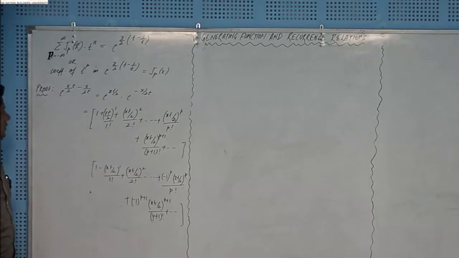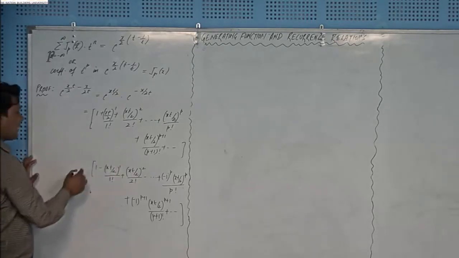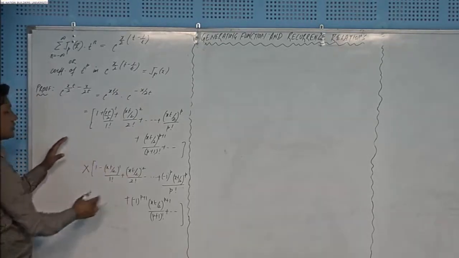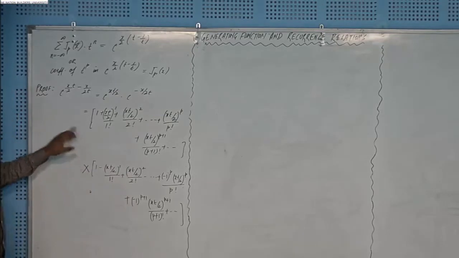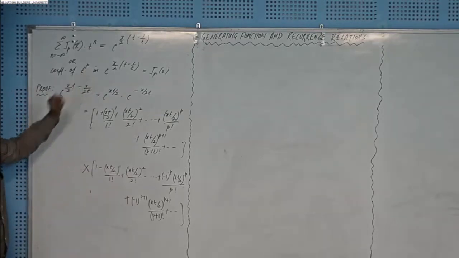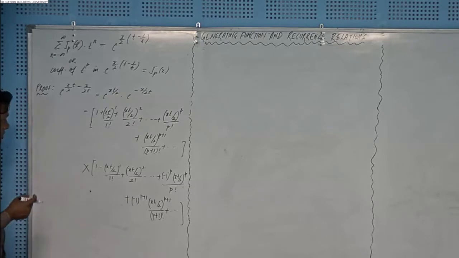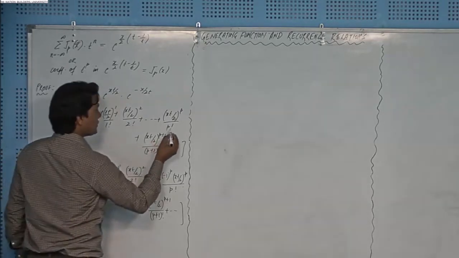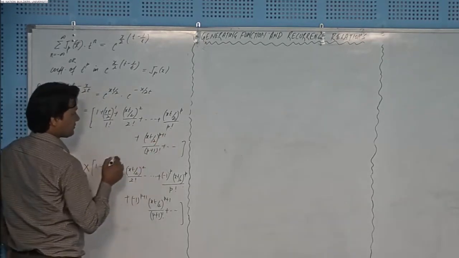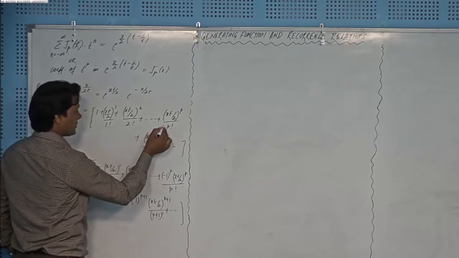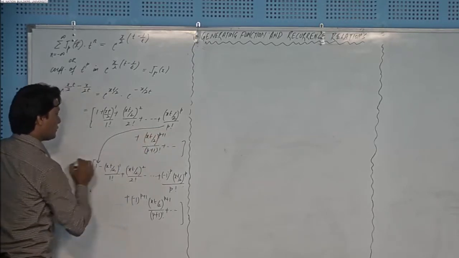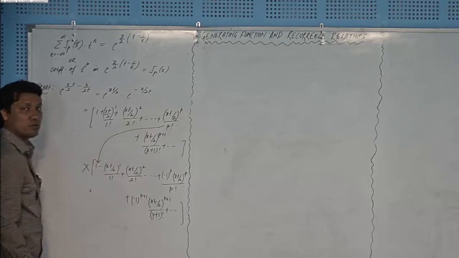Okay, now these are two series multiplied together, right? So these are in product, and you have to find the coefficient of t to the power p. So at this point you can see that there are so many terms which will contain (x/2) to the power p, t to the power p. As you can see that if this term is multiplied with the first term, then you will get a term containing t to the power p, right?